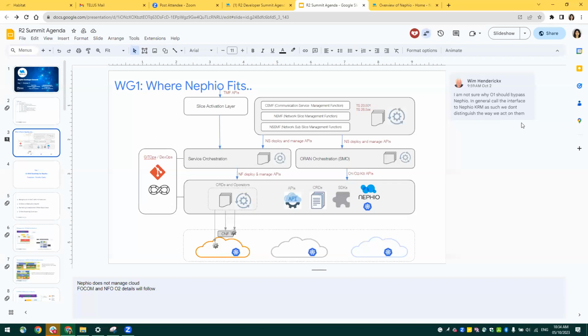In reality, that's the truth. SMO modules are some of the functional blocks of the bigger service orchestration layer itself, and some of these things are common. Hang on, let's be clear. ORAN SMO is a service orchestration for the RAN domain, just like you have service orchestration for core or transport.